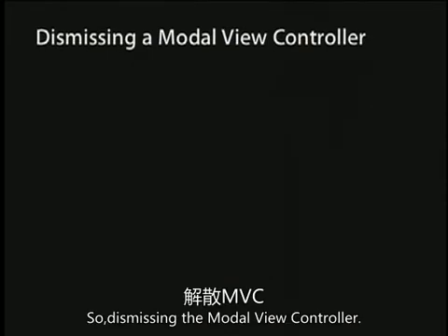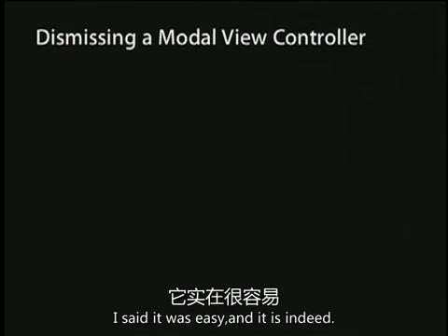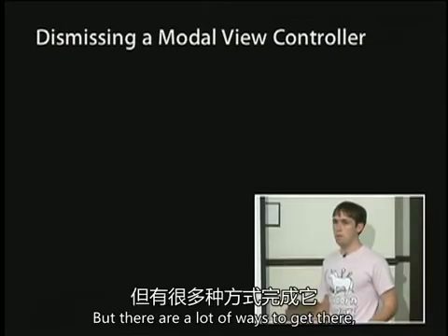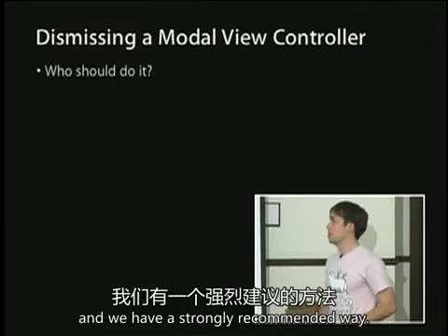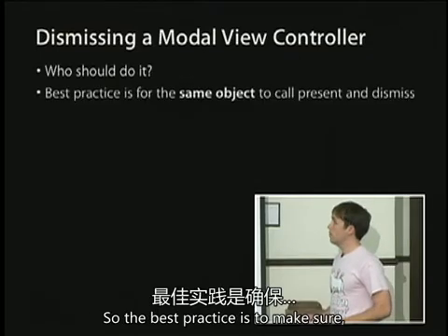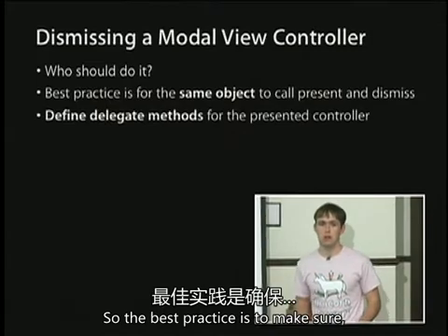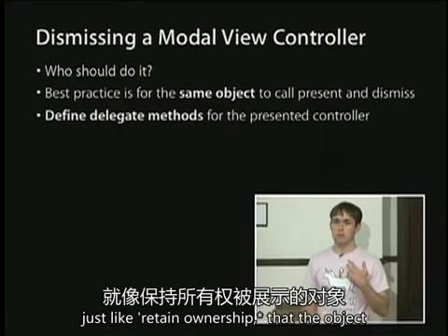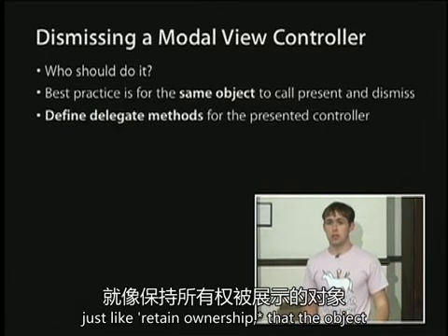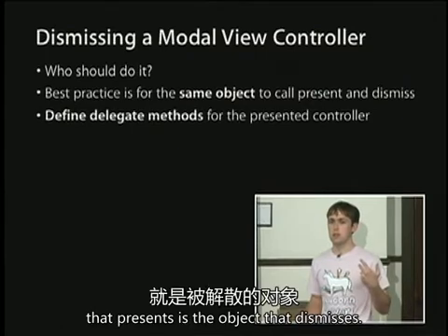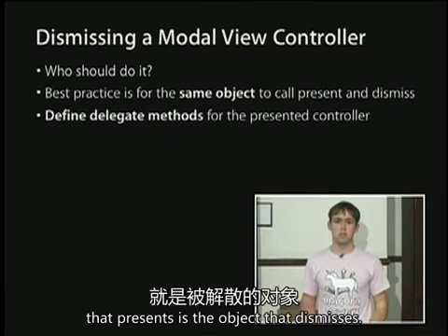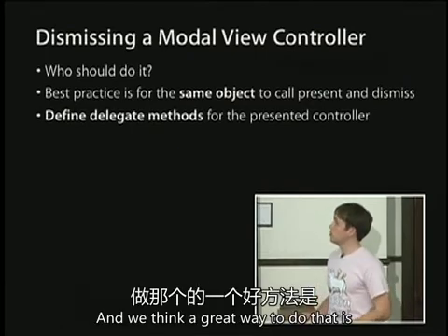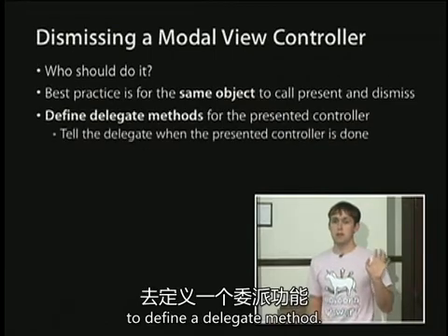So dismissing the modal view controller. I said it was easy, and it is indeed, but there are a lot of ways to get there, and we have a strongly recommended way. The best practice is to make sure, just like retain ownership, that the object that presents is the object that dismisses. And we think a great way to do that is to define a delegate method.